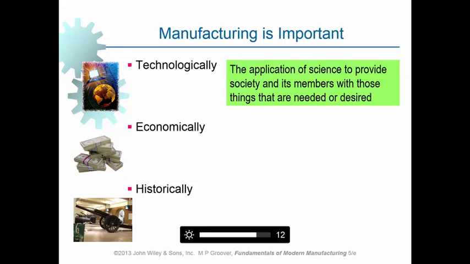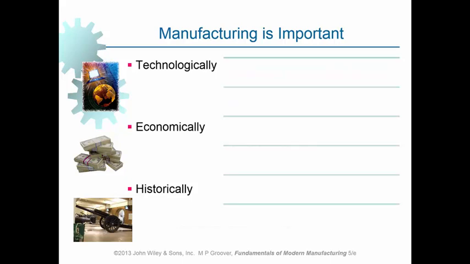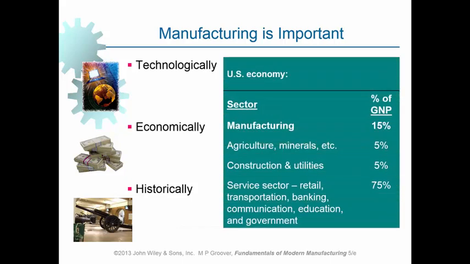Manufacturing is important economically. What do we mean by this? Let's take a look at this table here. As we can see in this table, in the US, as an example of an industrial nation, manufacturing accounts for 15% of GNP.